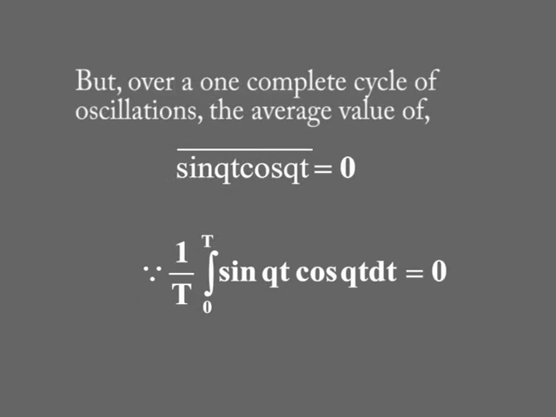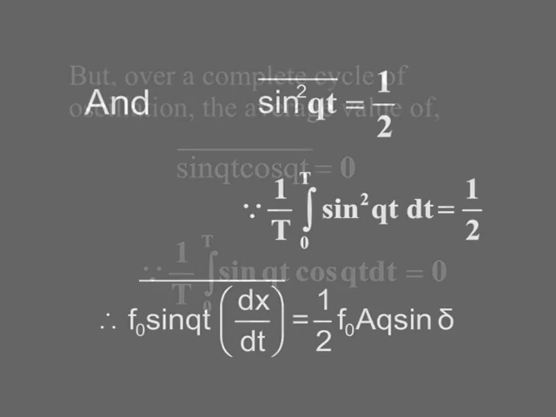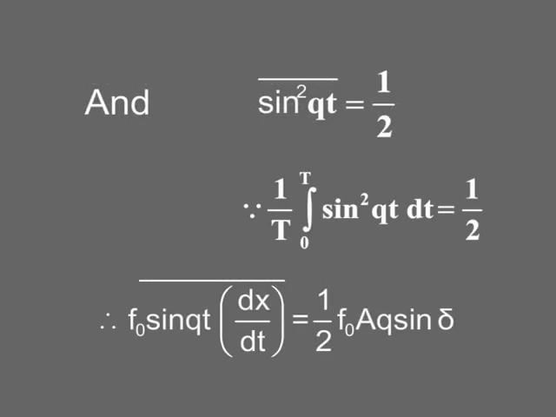But over one complete cycle of oscillations, the average value of sin qt cos qt is equal to 0, since (1/T) integral from 0 to T of sin qt cos qt dt is equal to 0, and the average value of sin² qt is equal to 1/2, since (1/T) integral from 0 to T of sin² qt dt is equal to half.